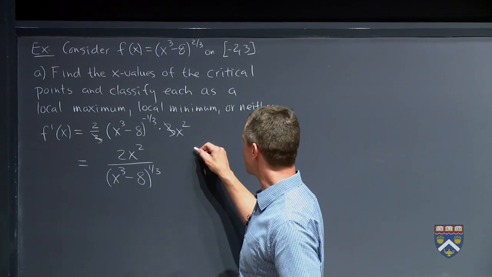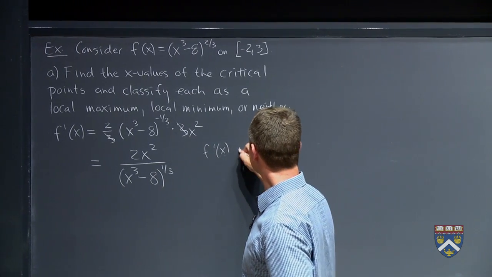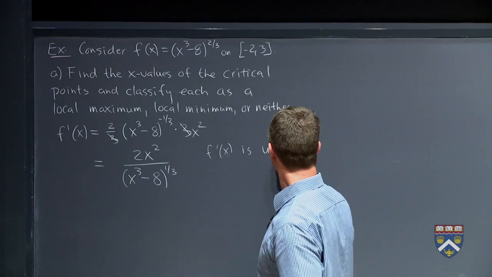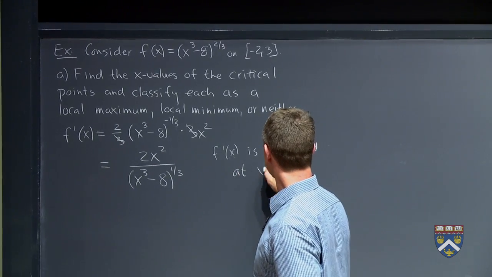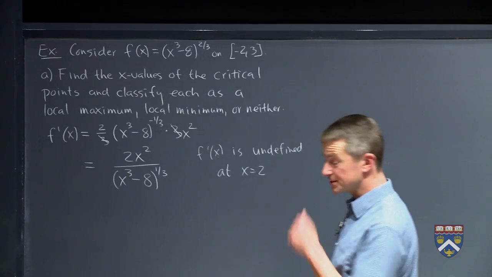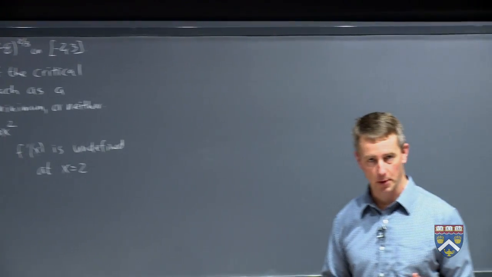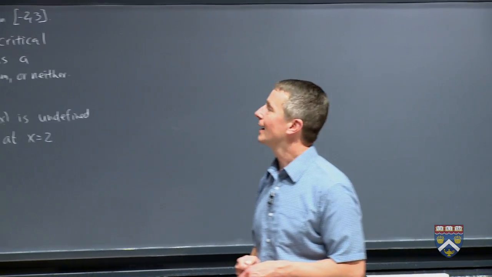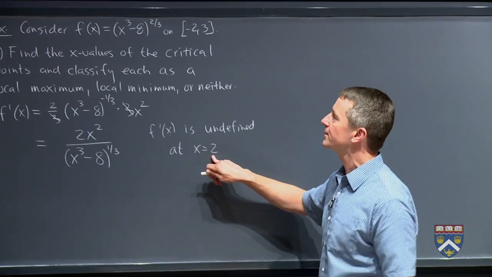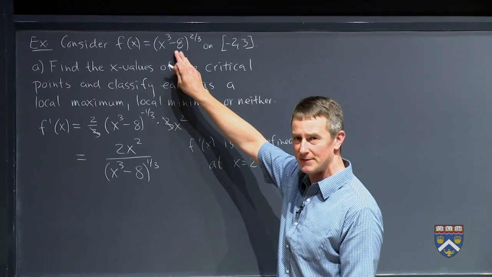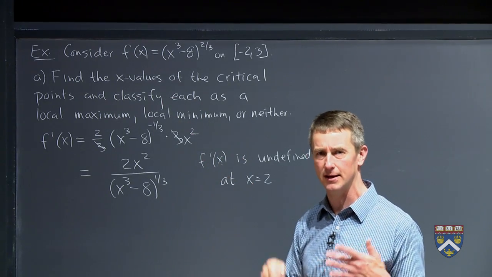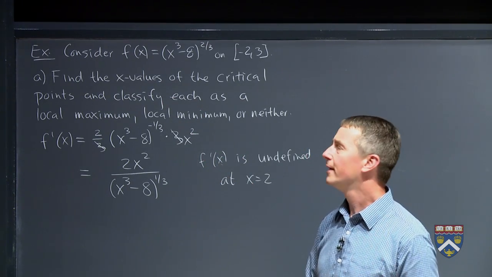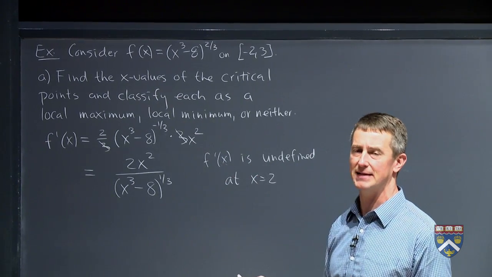So f prime of x is undefined at x equals 2. This is why I wanted to do this example, so that we would see one where the derivative is undefined. And let's see why. If f has something funny happening, like a discontinuity or a vertical asymptote or a hole, then we know that f prime doesn't have any chance of existing.